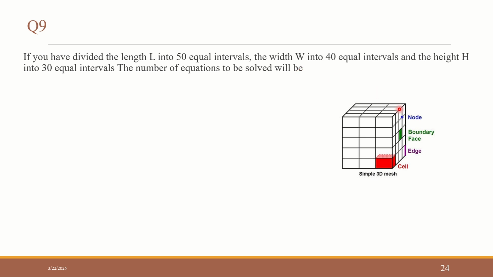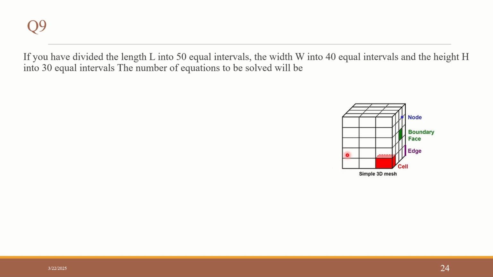So similarly, how we have seen in this particular figure itself, we will have 5 equal intervals and 3 equal intervals. So from 5 equations, for whichever the points, we will leave out the boundaries.